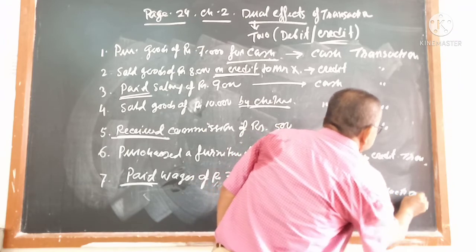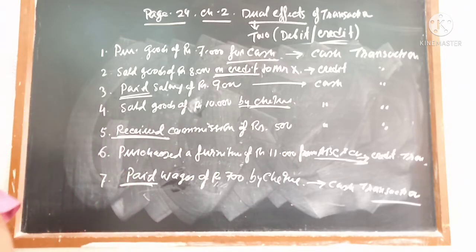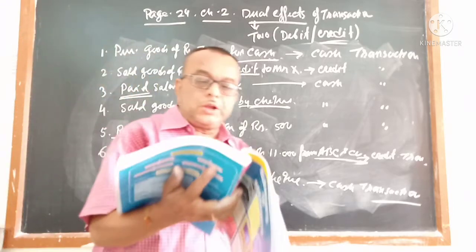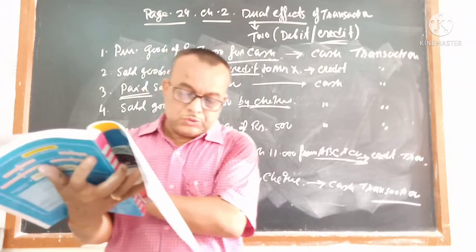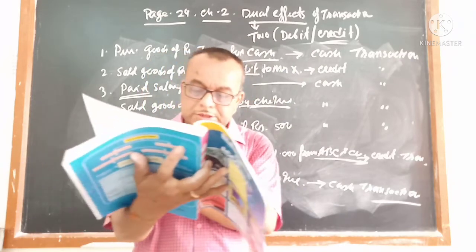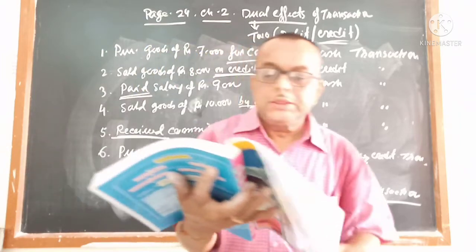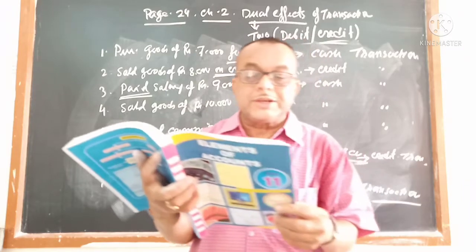Is that it? So this is the most important thing which you have to understand. Without knowing these things, it will be very difficult. If you do not understand the first steps, then dual effect will create lots of problems. Page numbers 24 and 25 cover cash transactions and credit transactions, the points I explained. Now we come to page number 26.